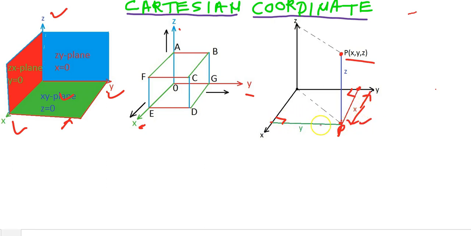Draw the line from the foot of the perpendicular to the line x. This distance is y, and the distance from the foot of the perpendicular to the point is called z. So any point in space is measured in this fashion.